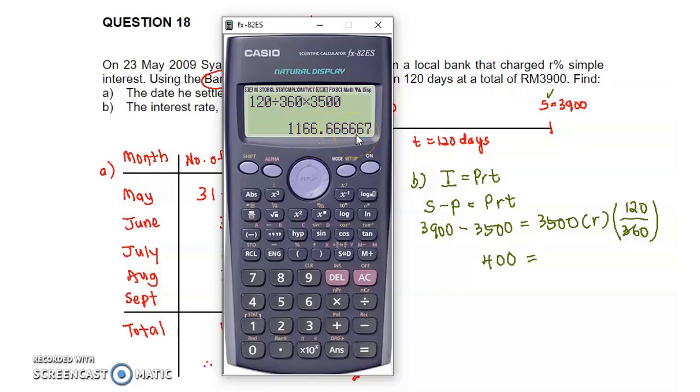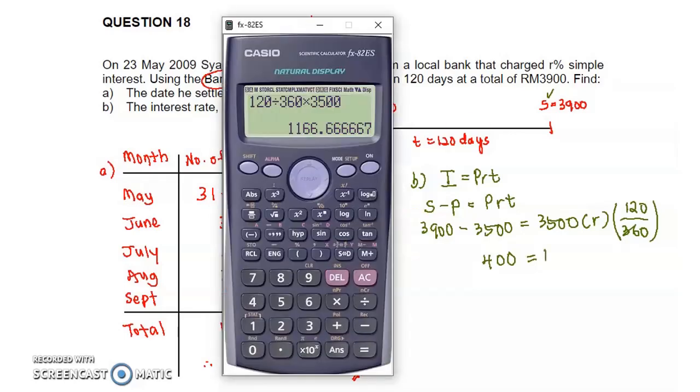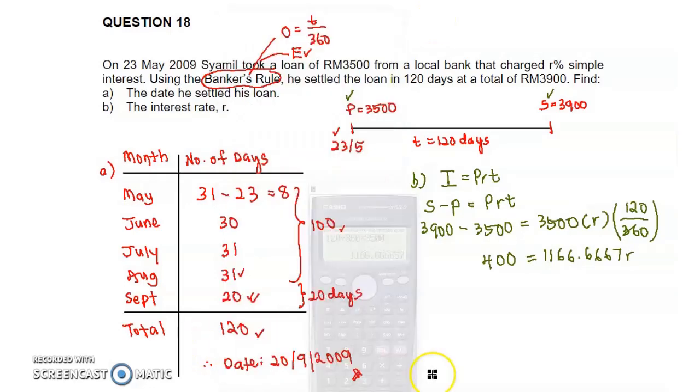If you want to write it using a fraction, no problem. Let's say here I use decimal points: 1166.6667 R. Correct?